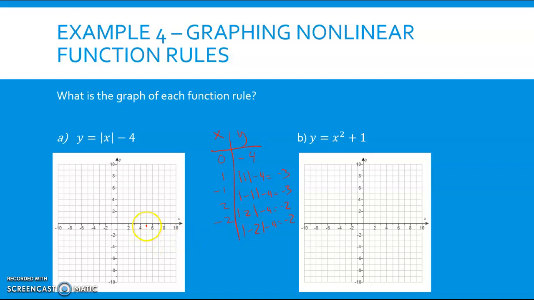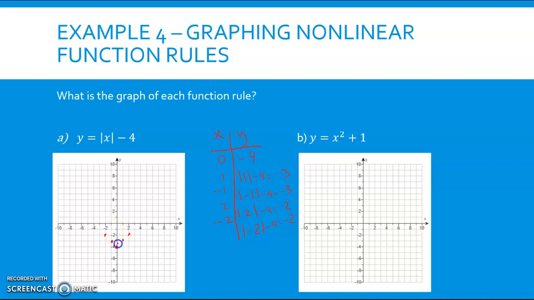So you're going to get this weird thing where I start at negative 4. And if I go to 1, I'm going to get negative 3. If I go to negative 1, I'm also going to get negative 3. If I go to 2, I'm going to get negative 2. If I go to negative 2, I'm also going to get negative 2 for the y value.